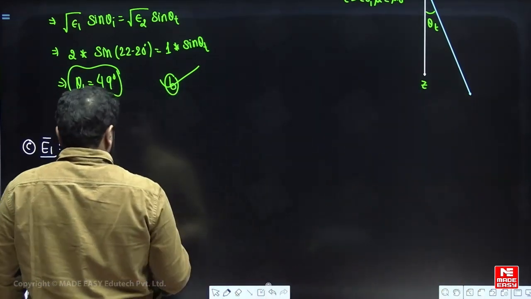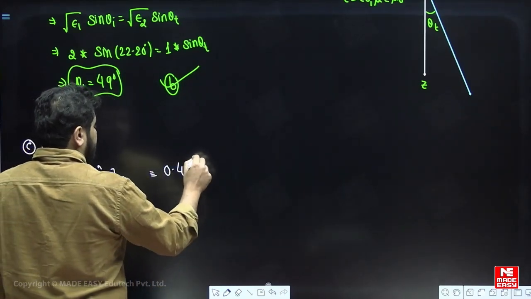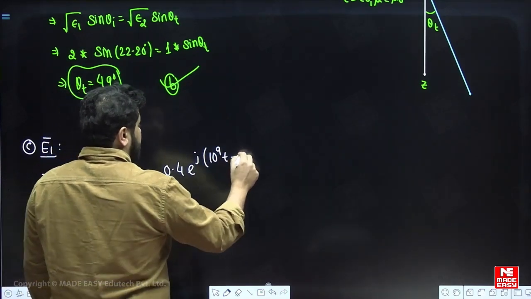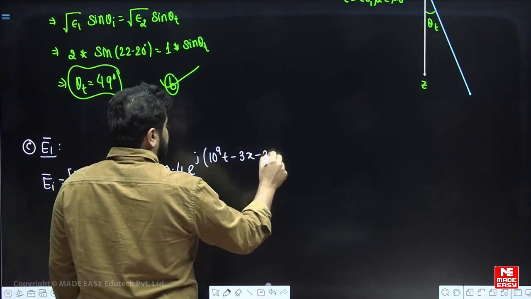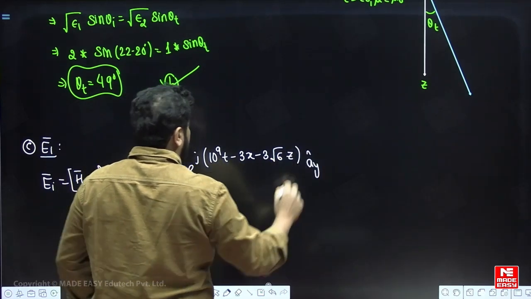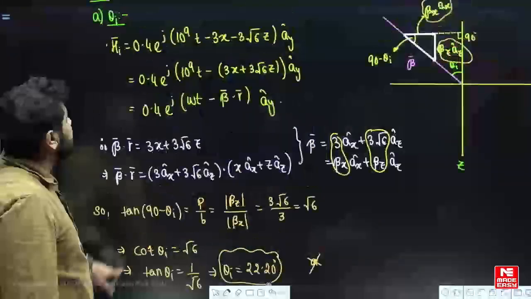Now here, the incident magnetic field is 0.4 e to the power j, minus 3x minus 3 root 6 z, in the direction of AY. Am I right? Let us see whether I have written it correctly.